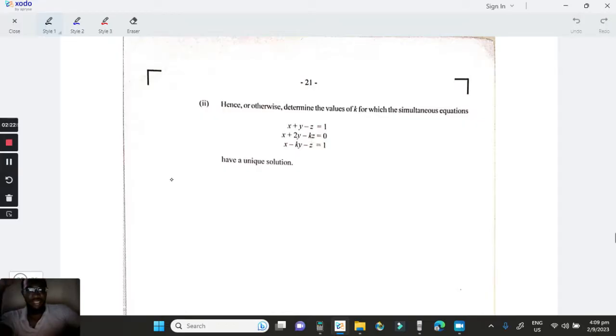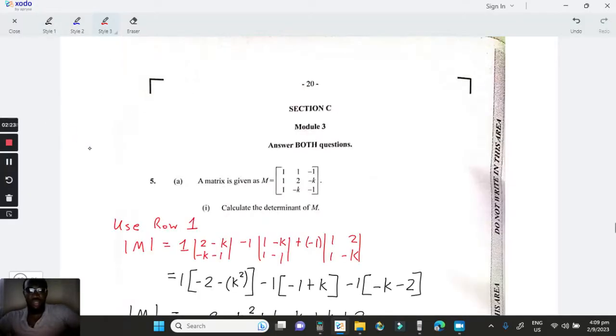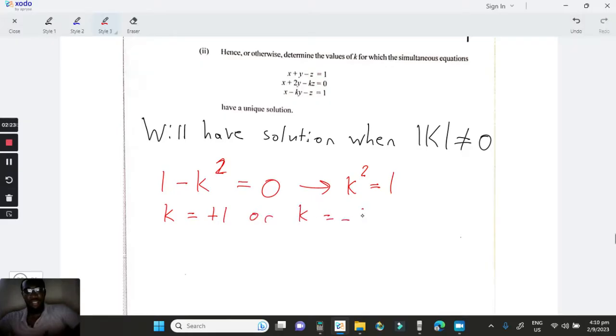So we'll have a unique solution when the determinant is not equal to 0. The determinant is 1 minus k squared. When that's equal to 0, we get k squared is equal to 1, and so k is equal to plus 1 or k is equal to negative 1.